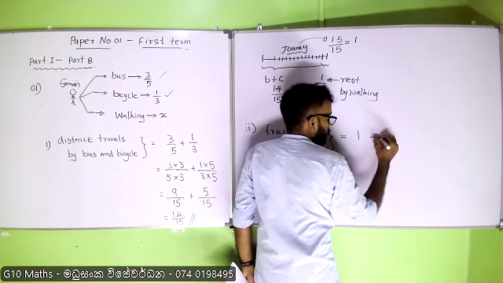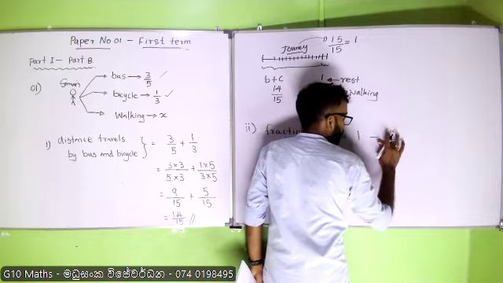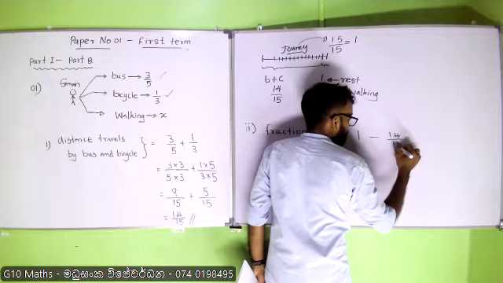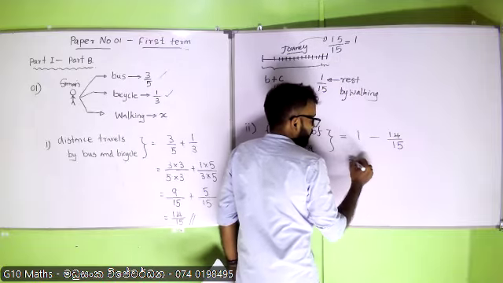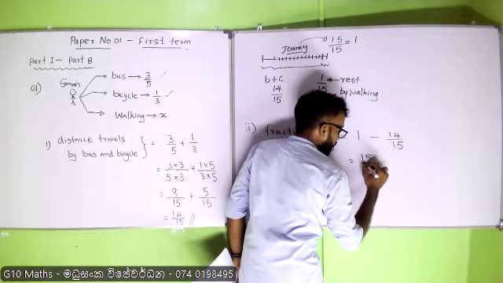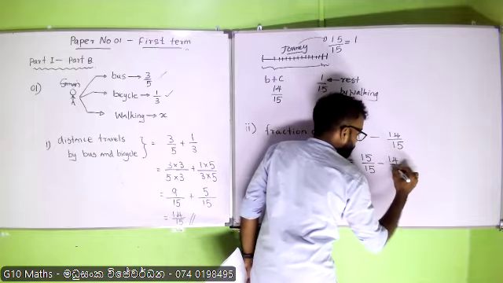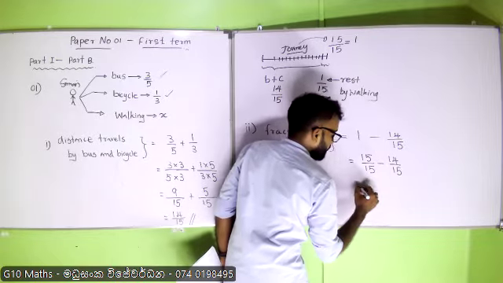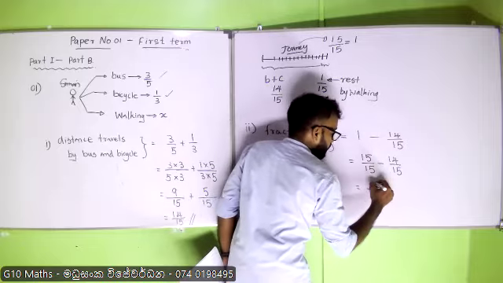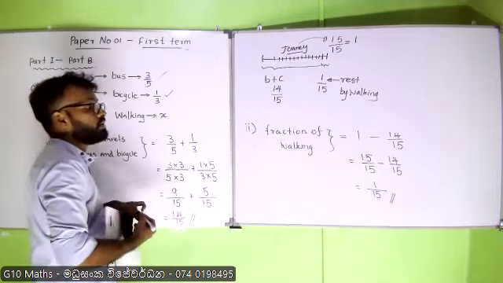From that total journey, you subtract 14 upon 15, which you traveled already by bus and bicycle. This one is 15 upon 15. The denominators are equal. 15 minus 14 is 1. This is the fraction by walking.